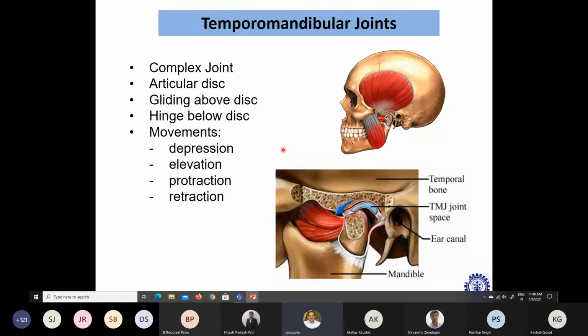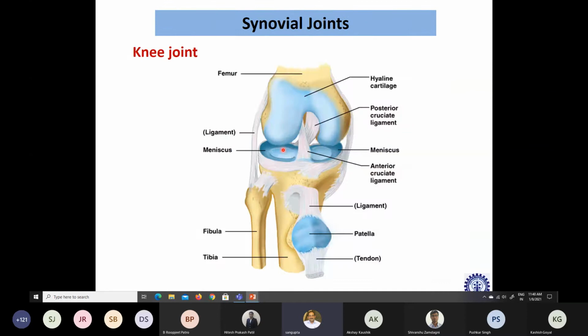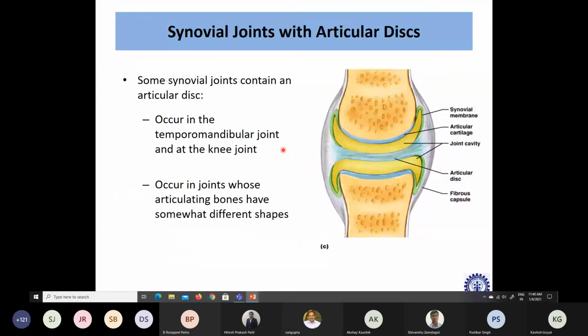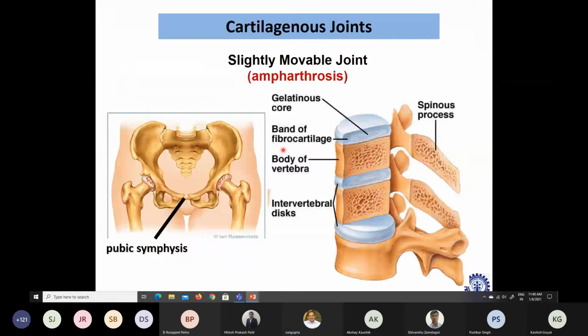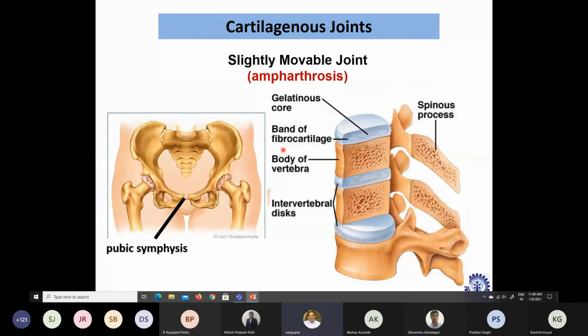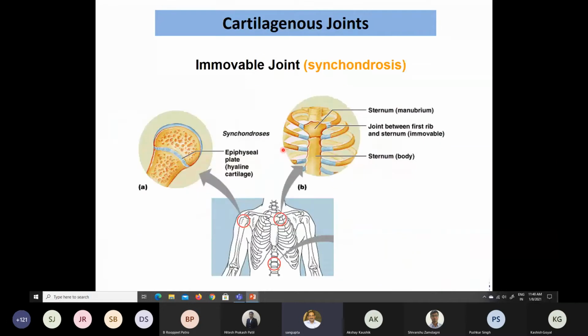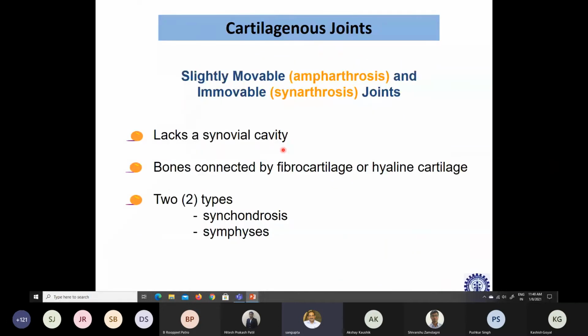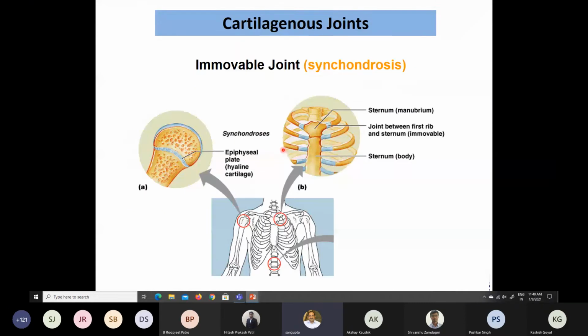Now, as I was telling you about the temporomandibular joint, these are slightly movable joints. Let me just go back to the temporomandibular joint.